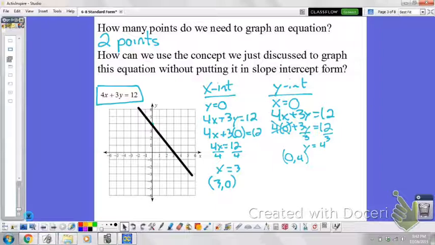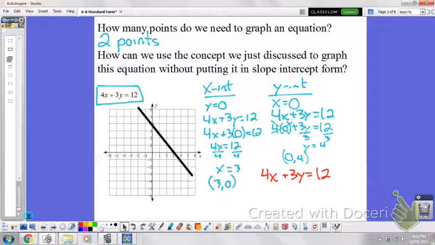Now to check my answer, I'm going to take my equation 4x plus 3y equal to 12 and put it in y equals mx plus b form. So that means I have to solve for y. I have to get y alone. Well, that means I need to get rid of the 4x.